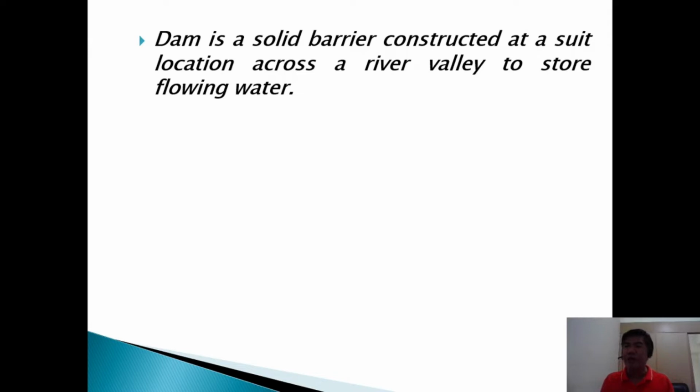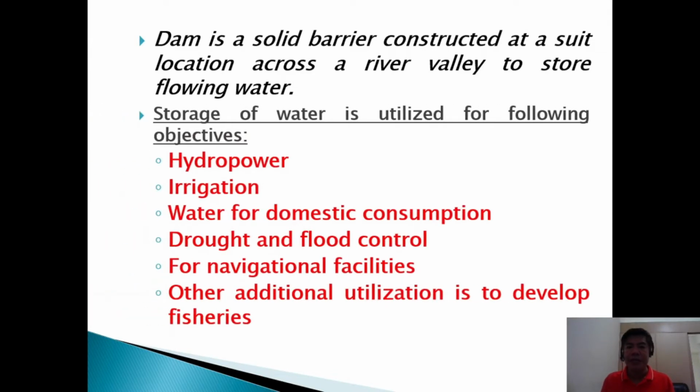That's why the flow characteristics of the river should also be studied from January to December to identify which month in which the flow is very minimal, very low, and of course that's the time that you are going to maximize the storage. So the purpose of storing water is actually based on the different objectives, which I already mentioned.